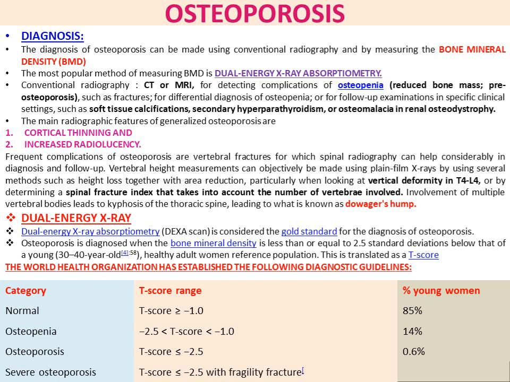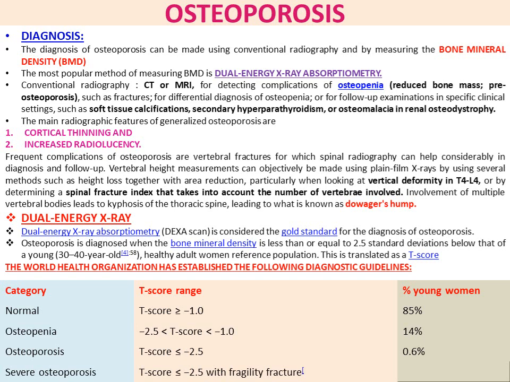Osteoporosis: T score equal to or less than -2.5, and 0.6% of women will get osteoporosis at the age of 30 to 40 years.